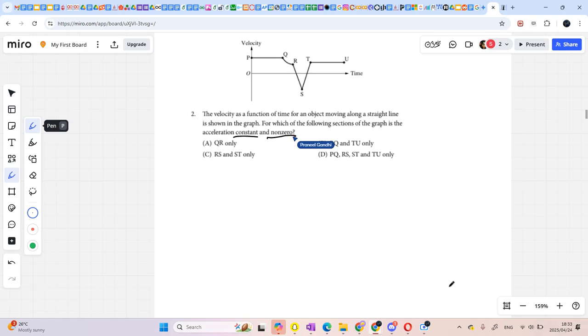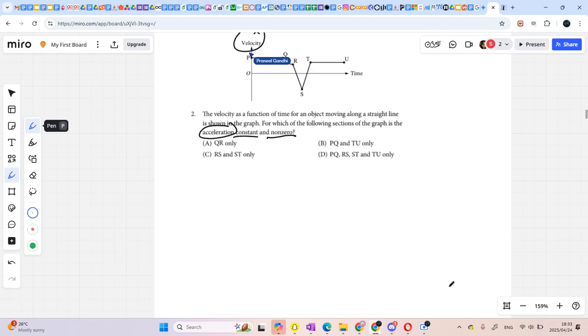So the acceleration being constant, since we have velocity, acceleration is the derivative of velocity. And so if acceleration is constant, then that would mean that velocity is linear. And then for acceleration to be non-zero, that would mean that the velocity is changing.